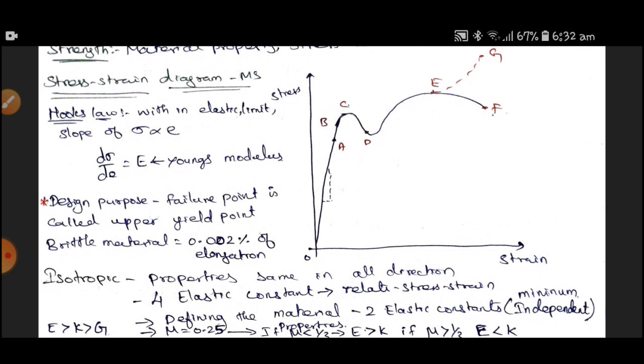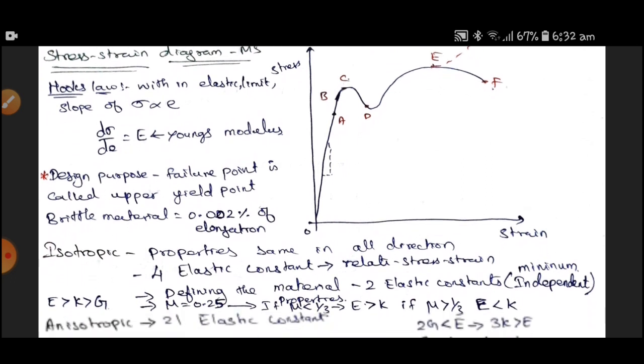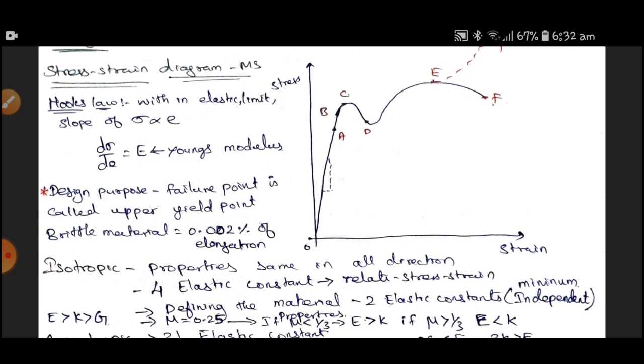This definition is very appropriate. Therefore, from the slope we get dσ/dε equal to a constant. The constant is one of the material properties, called Young's modulus.